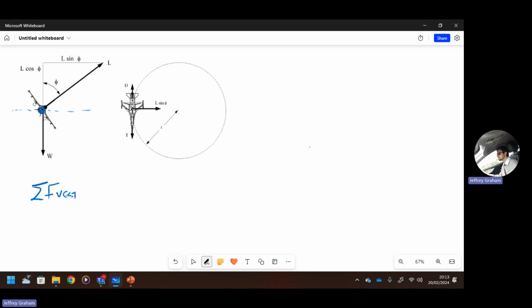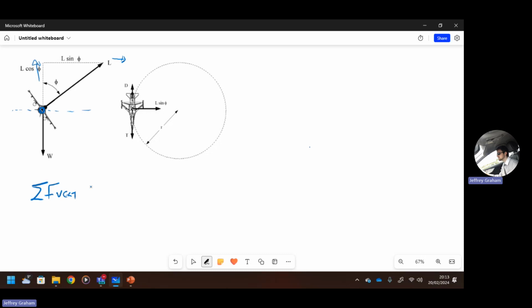What we've got going up is a component of the lift. This aircraft is now in a bank, so the lift vector is actually acting at an angle. Part of this lift is going to push the aircraft in that direction, and part of this lift vector will push it in that direction.